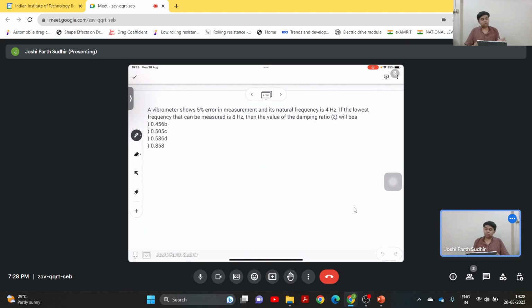As we saw, for a vibrometer, the amplitude ratio Z by Y is given by R square upon the square root of (1 minus R square) the whole square plus (2 zeta R) the whole square.